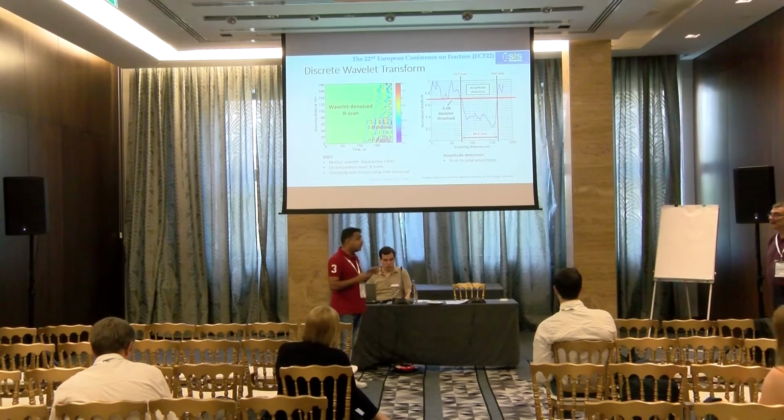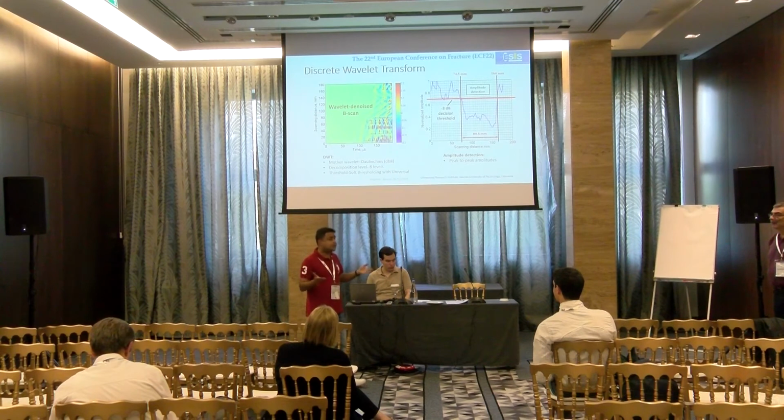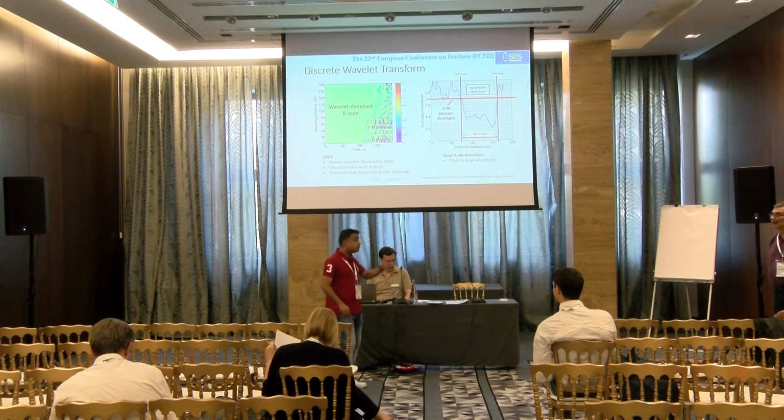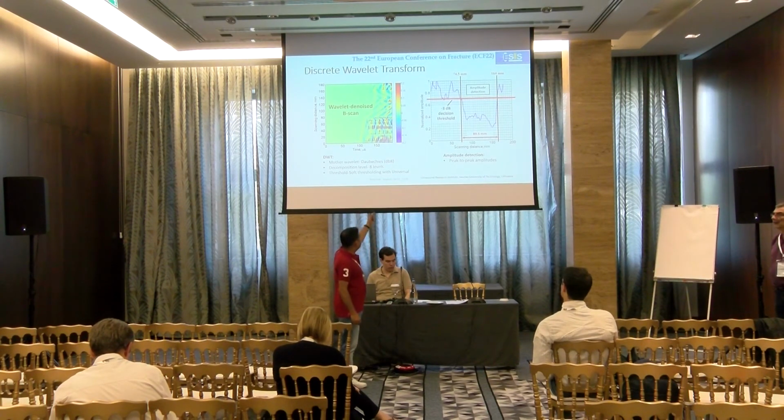The DWT has many wavelet families, many spatial filters, such as Daubechies and Haar, depending on the requirement. So we have to compare which is more useful for us. Then we selected Daubechies, then we selected DB8. There are many levels, as you explained.